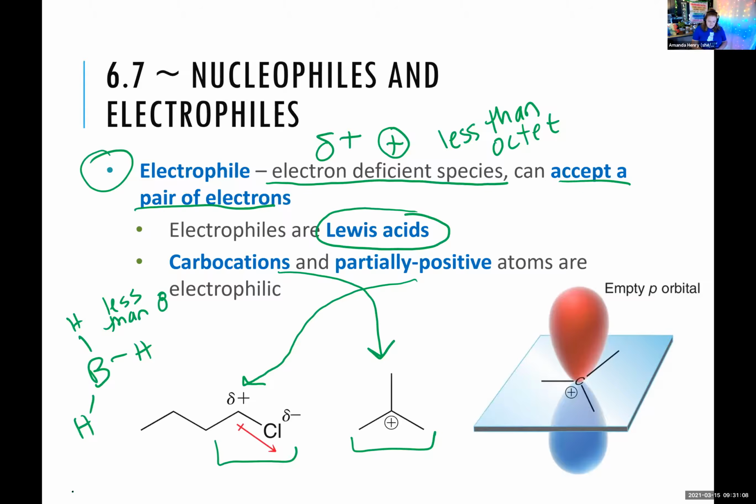Notice that none of these carbons have any partial charges. So carbons in general are actually kind of hard to react. We have an entire year of chemistry devoted to carbon reactions, but they're kind of difficult to react with. Because of that, we have to have something else that makes them a little bit less stable.